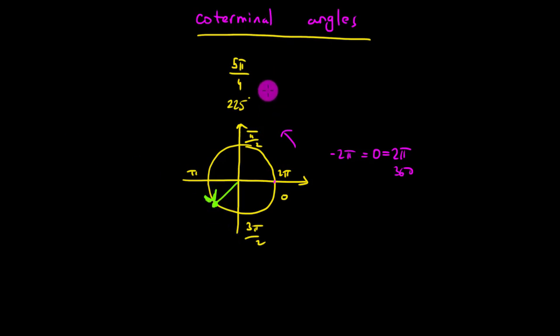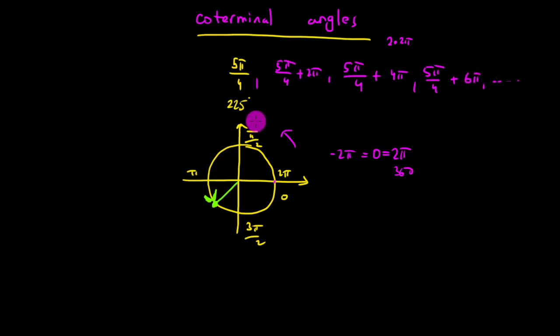And so how to find the coterminal angles? We have to just add the revolutions. So if you make one revolution to this one, it will be 5 pi over 4 plus 2 pi. Another revolution, second revolution, 2 revolutions, 5 pi over 4 plus 4 pi, because 2 times 2 pi is 4 pi, and then it will go on for 6 pi.